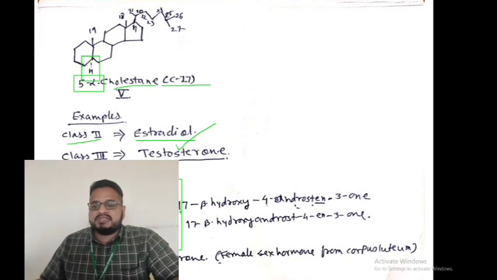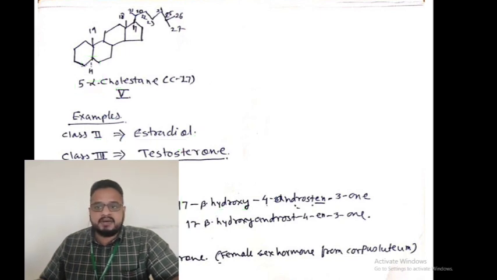Okay, now check this again, 17 beta hydroxy. This one is the 17th position, and to this 17th position one hydroxyl group is attached. So 17 beta hydroxy 4. Why 4? Check, 1, 2, 3 and 4.